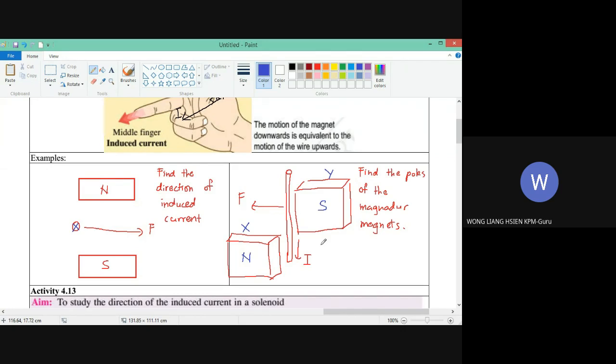And then you turn so that the direction of the force is to the left. And then you can see that the direction of the magnetic field is inwards, going into the paper. Inward. So if the direction of magnetic field is inwards, that means X must be north, going into the south. That means going to the Y.